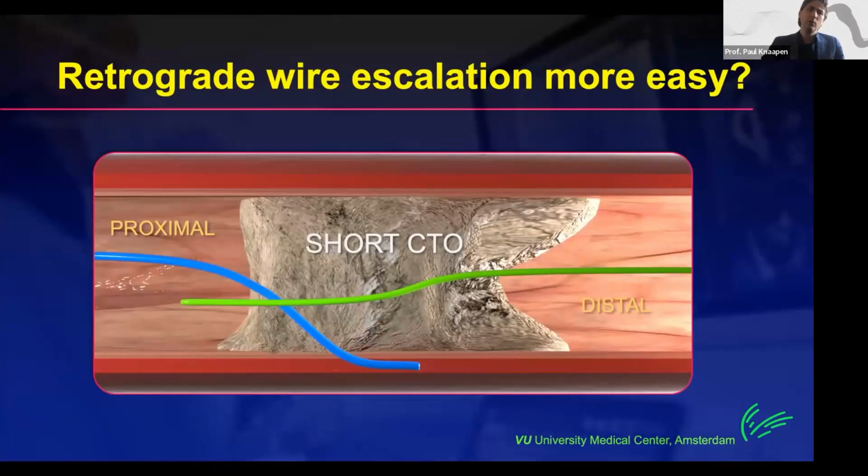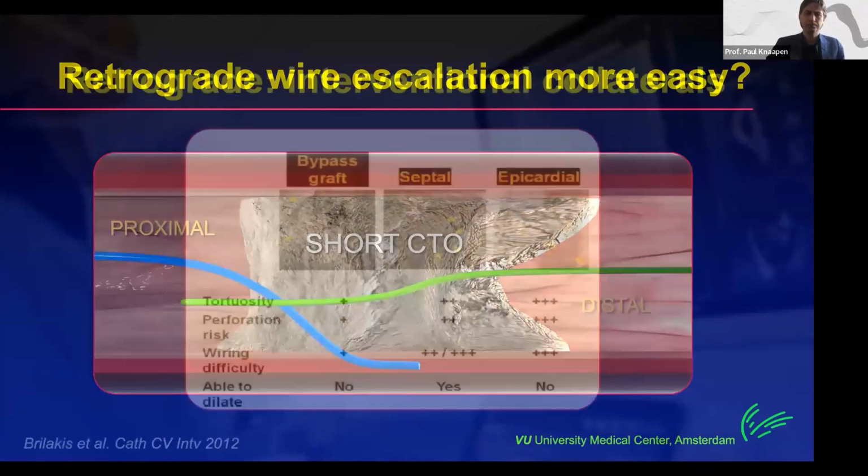So retrograde wiring escalation is often more successful than antegrade wiring escalation because the proximal cap is often blunt and calcified, whereas the distal cap is often dome-shaped and soft because it's not being exposed to systemic blood pressure, except for those with bypass surgery.